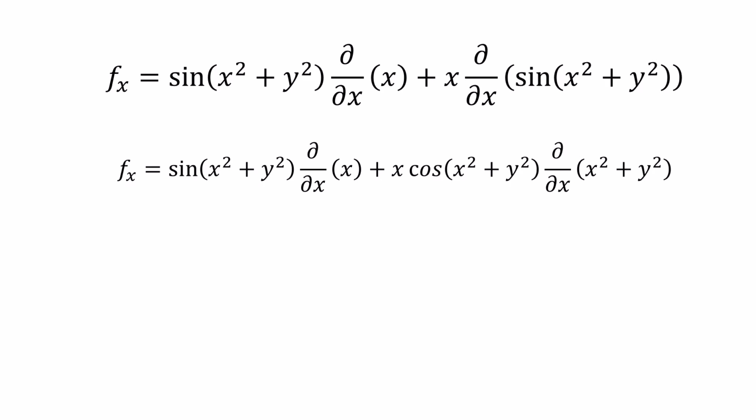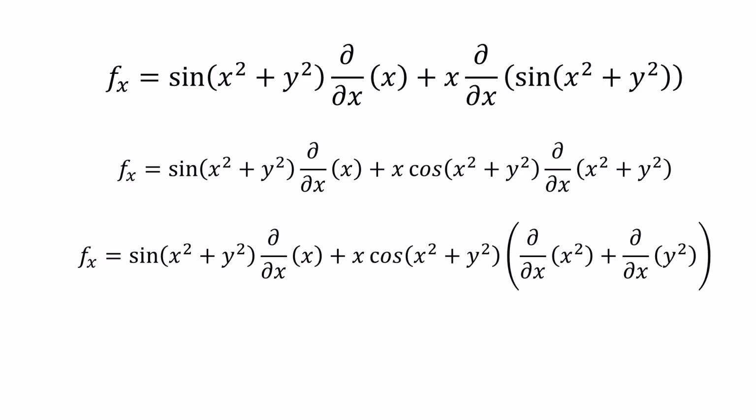Applying the sum rule then gives f_x = sin(x²+y²) d/dx of x + x cos(x²+y²) times d/dx of x² + d/dx of y².